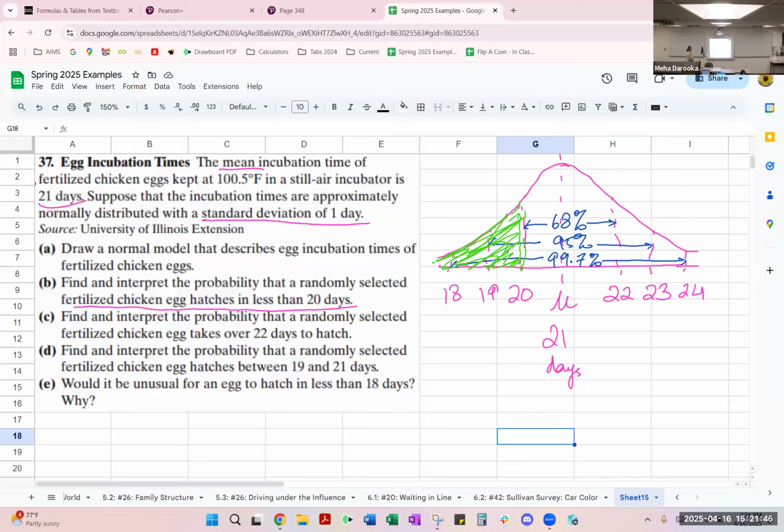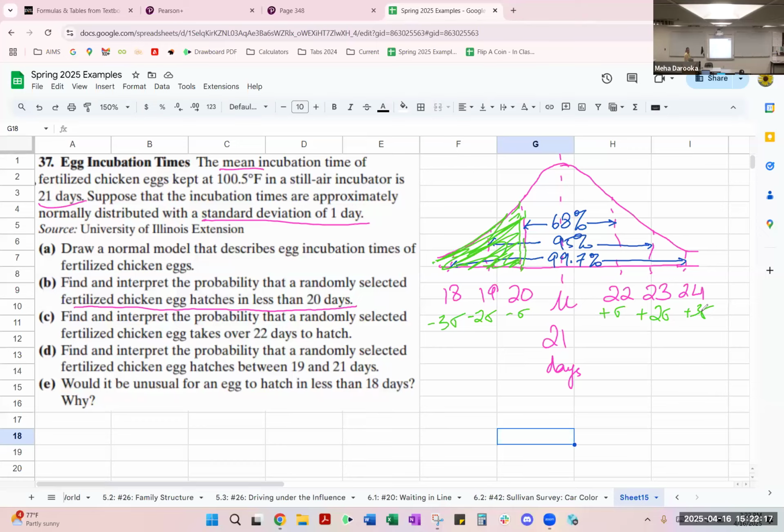Can you tell me what that probability is going to be? Remember, this is 1 standard deviation away from the mean, this is 2 standard deviations away, 3 standard deviations away, and this is of course on the negative side. So what is the probability on the left-hand side from 20 days, in less than 20 days, for a fertilized chicken egg hatching?